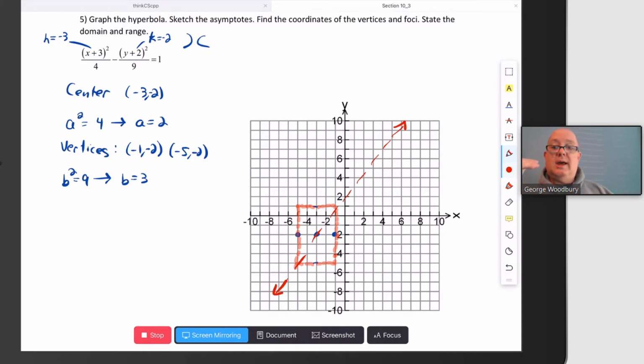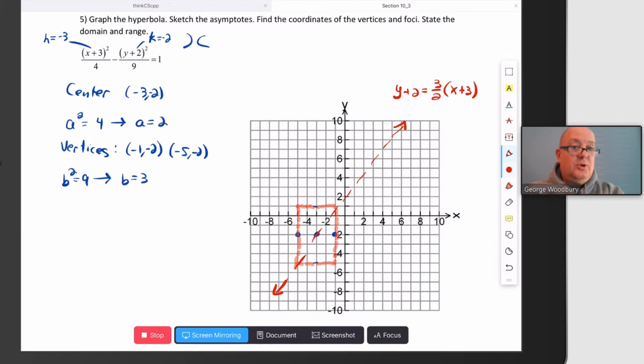Now, that one has slope 3/2. Underneath the y, we've got b equals 3. Underneath x, we've got a equals 2. So that's the slope. But it goes through the point -3, -2. So I know that the slope is 3/2, but I want to write it this way.